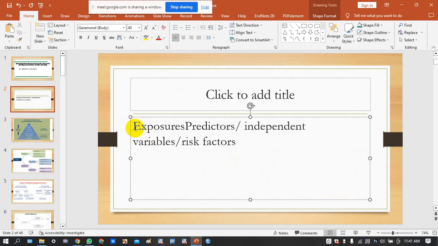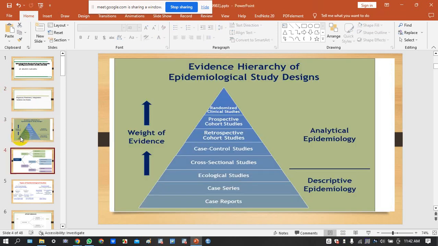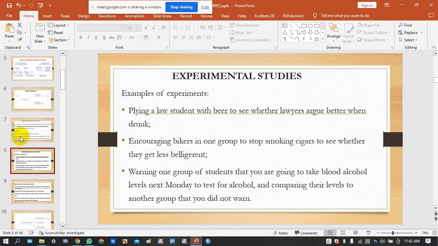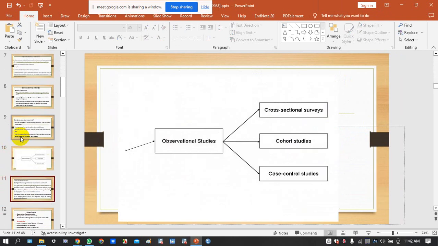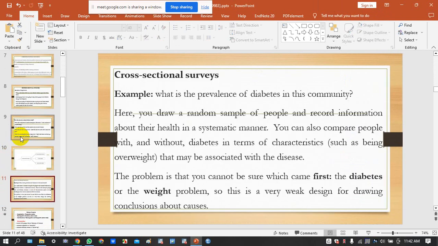So what are the exposures associated with you developing hypertension or diabetes or cancer? What are the predisposition factors? So these ones are called exposures. Anytime you hear exposures along the course of the lecture, you have to understand that they are factors that are associated with the disease.